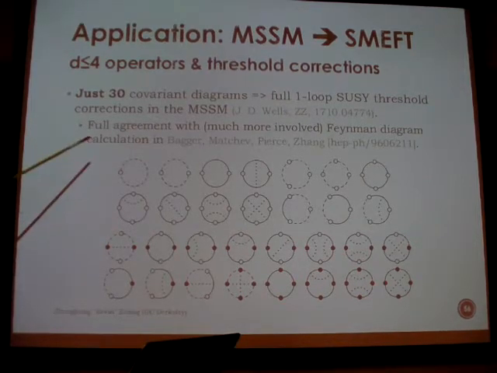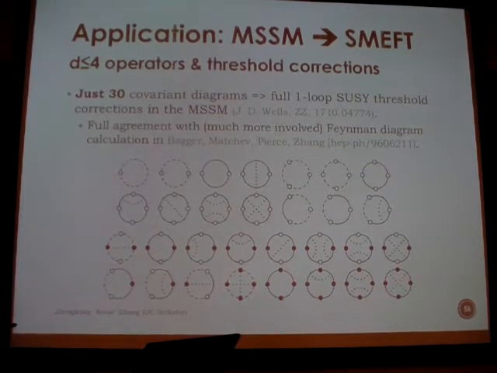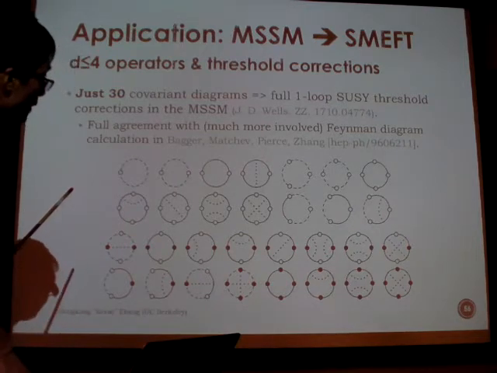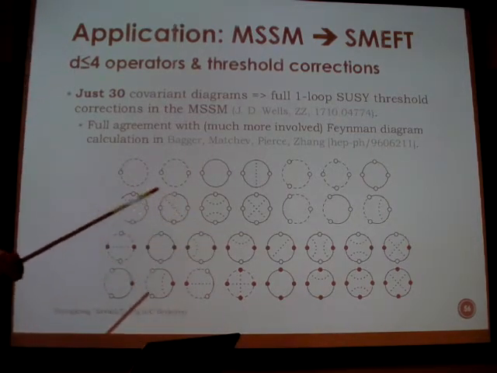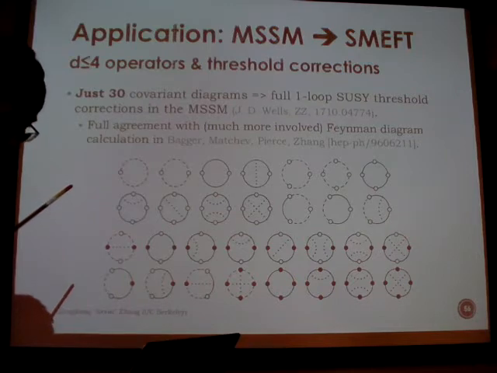And in the end, we found full agreement with a much more involved Feynman diagram calculation in this classic paper. So I think this calculation serves as a rather non-trivial check of the technique, and also shows how simple things can be in this new method.